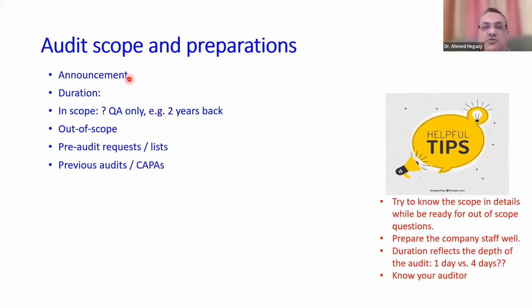I am an inspector from the government or health authority. We would like to check the storage or whatever. Or someone even from your company comes unannounced. This is not common, but usually there is an announcement. It depends. It could be a month, 2 months, or even longer, but someone tells you you will be audited.